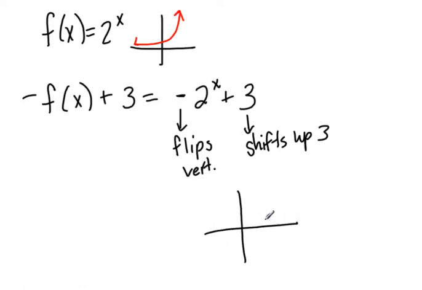When you flip it vertically and shift it up 3, the flip would go like this. That would be a vertical flip. And then to push it up 3, that would change it to about that right there. So it would be the flip and the shift up. That would be your final step.